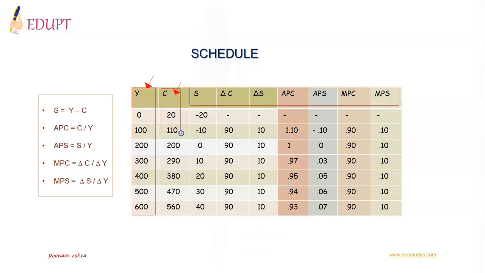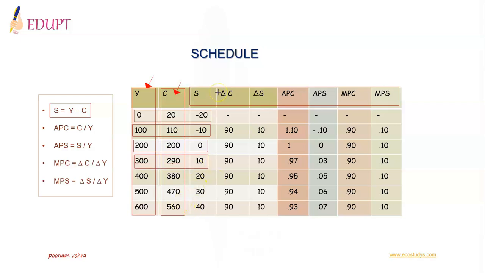Consumption has been increasing by 90 in each case. So one can find savings. Savings would be Y minus C: 0 minus 20, 100 minus 110, 200 minus 200 and so on, 300 minus 290 and so on.